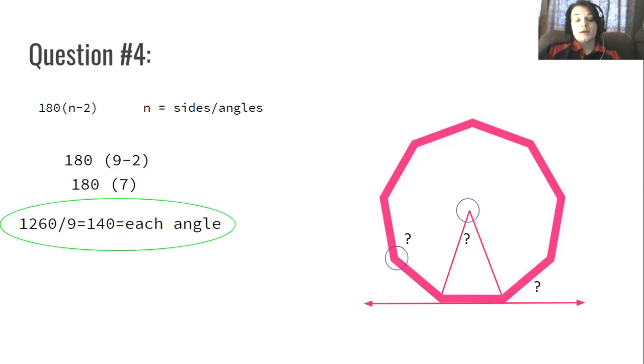So we're going to do 1,260 divided by 9, and that should give us a total of 140 degrees for each angle in our figure. Meaning that our question mark right over here, the furthest to the left, is going to be 140 degrees.